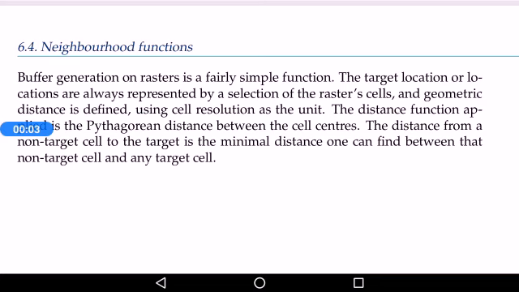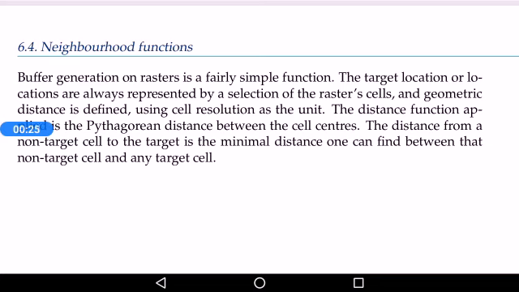Now, how is the buffer generated in case of raster based data? First of all, the target location or locations are always represented by selecting some raster cells. And then how do you find out the distance between different raster cells?